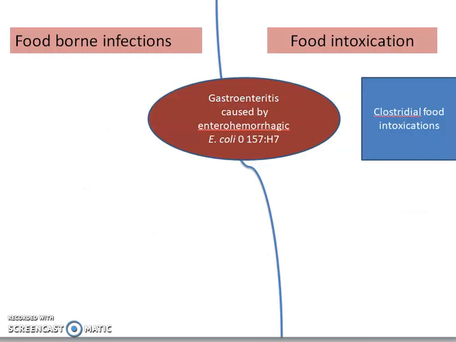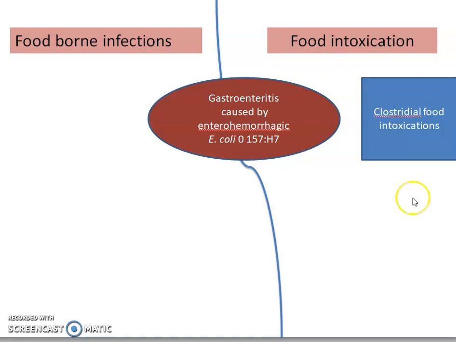So I think you can answer this slide right now. If you consider food poisoning, you have two different types: foodborne infections and food intoxications. Foodborne infections are characterized by the active participation of microbes, whereas in food intoxication you need only the presence of the toxins produced by the bacteria.